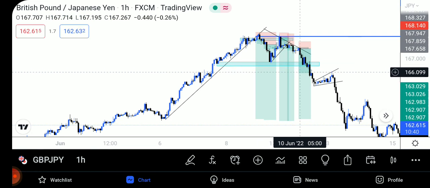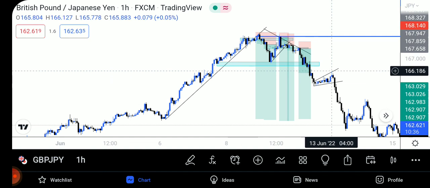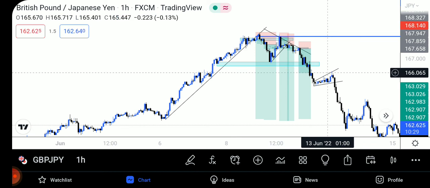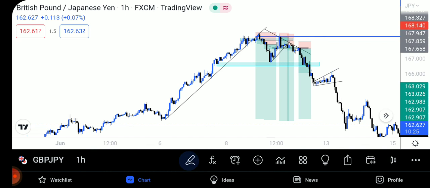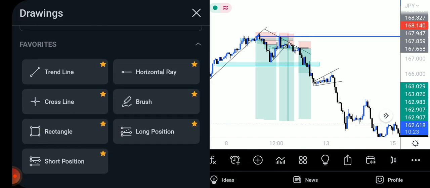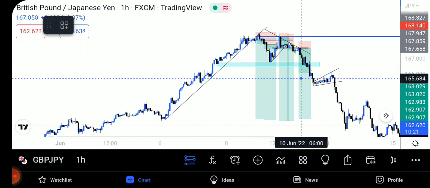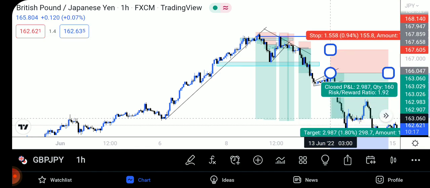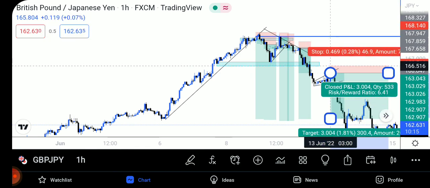We would have gotten our entry here again, since it came to this zone, made this candle, and then the following candle, we would have gotten it on top if we scale down to the lower time frame. But that's a story for another day. So this will be our 6th entry, same targets, tight stop loss.